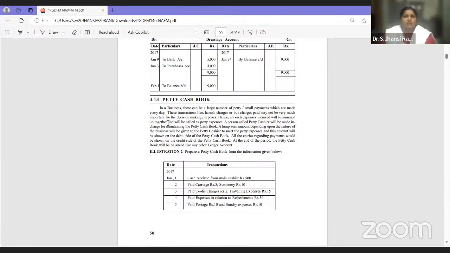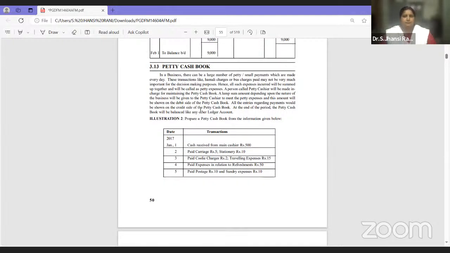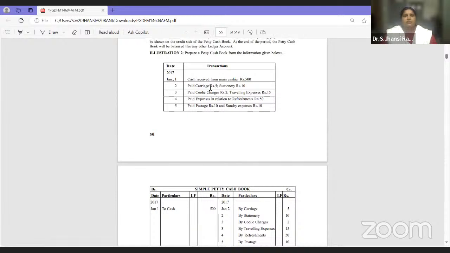If you just look at here, look at the question. Cash received from main cashier rupees 500. Paid carriage rupees 5. Stationery 10.